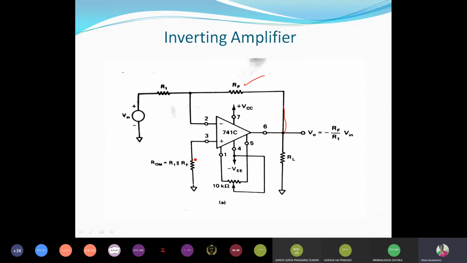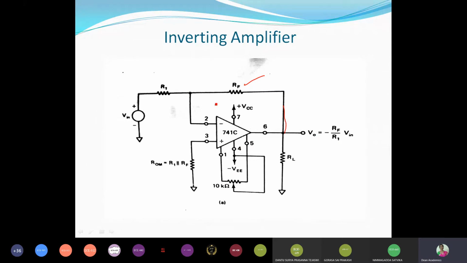Now let us treat it as ground. The non-inverting input terminal is grounded, the inverting input terminal has the voltage source, a feedback resistor is connected, the output is taken across a load resistor, and between the offset null points a variable resistor or potentiometer is connected. For such an arrangement we can express what V0 is.